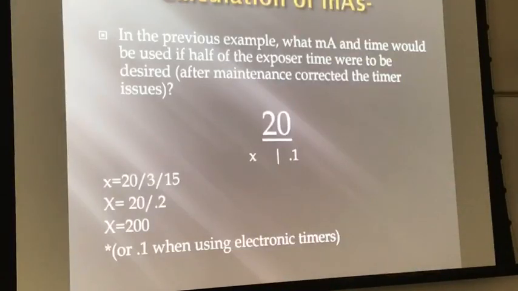If our objective here is to arrive at a shorter time, maybe the patient's breathing, maybe we have a Parkinson's patient or whatever, and we need a shorter exposure time but the same exposure. It didn't ask you to change any kind of exposure, so you have to assume that we're utilizing the same mass. So we reduce our exposure time from 0.2 to 0.1, so we cut it in half. But in doing that, what do we have to do with our mA? Double it, exactly.